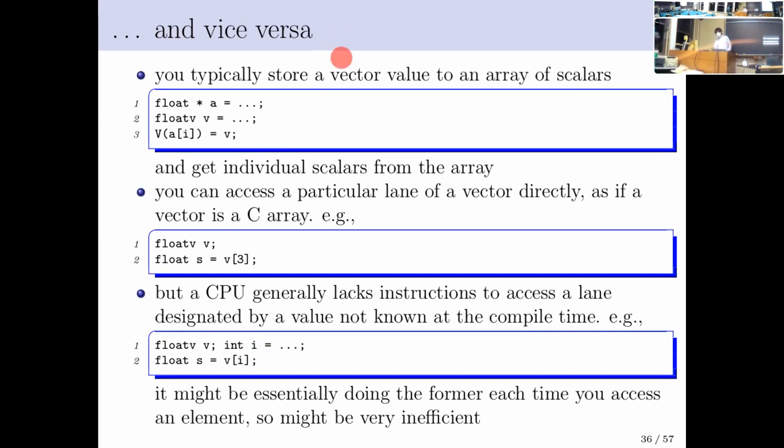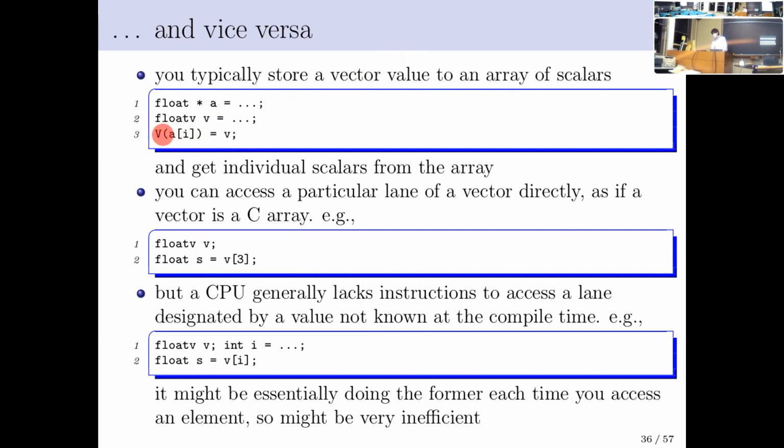And vice versa. Somehow you get a vector of values representing the collection of values. How do you get individual elements back? You typically do so by storing the vector of values to an array of scalars, just like before.